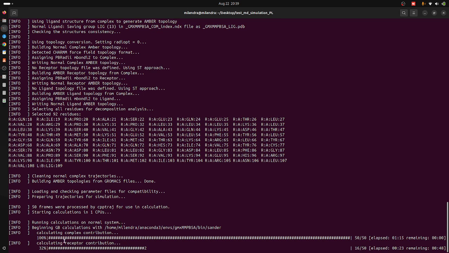Yeah, the complex calculation is completed, right? The protein ligand complex calculation is completed, and it is now calculating for the receptor, the protein.